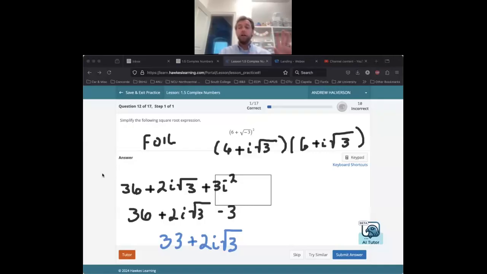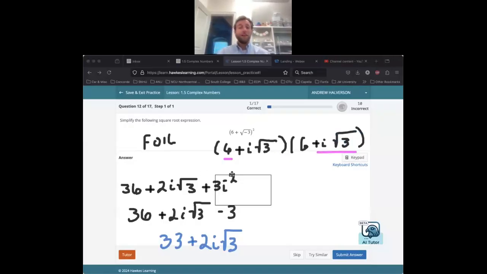If you've done the lesson titled Special Products of Binomials, this is called a perfect square binomial. There's a particular way it happens, but yes, I did the FOIL, doing the outers. Oh, I see. You're telling me I made a mistake.